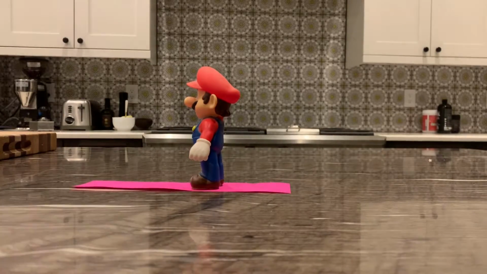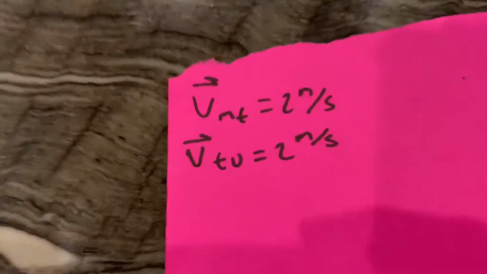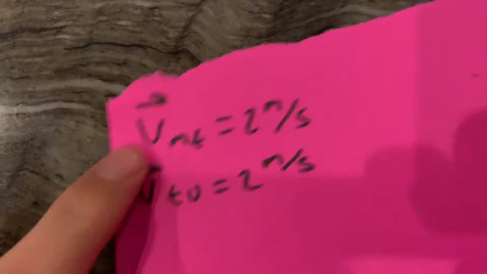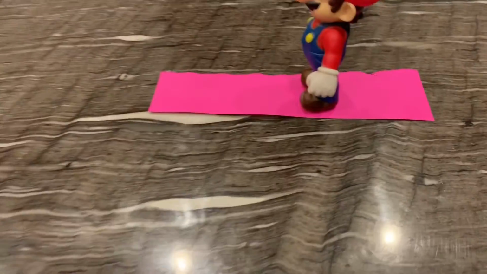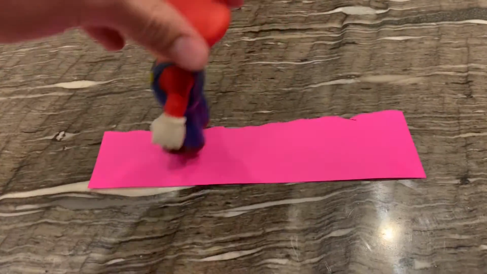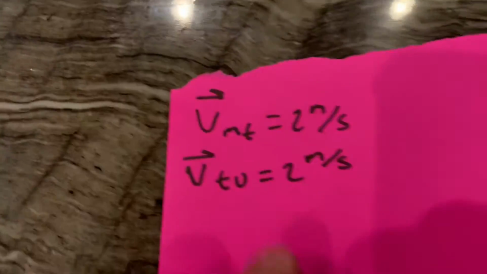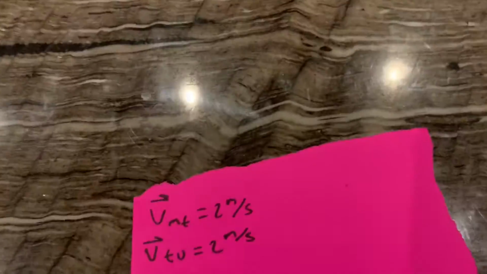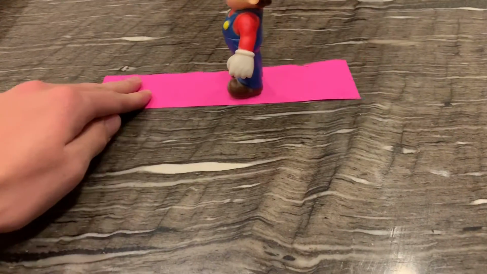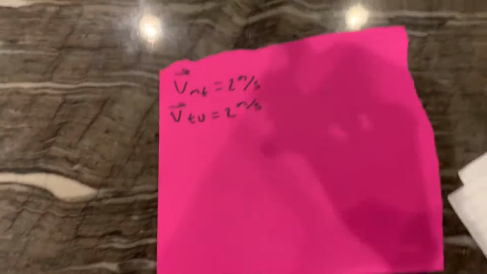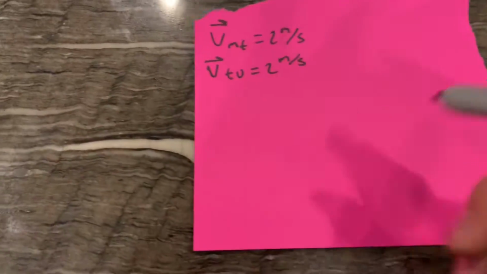So let's look at that on paper and try and make more sense of it. This is what we got. The velocity vector of Mario to the treadmill is equal to 2 meters a second, because we know Mario is moving 2 meters a second on the treadmill. Now the velocity of the treadmill to us is 2 meters a second, because we're 0 meters a second, and the treadmill is moving 2 meters a second. So if we want to find the velocity of Mario with respect to us, it's as easy as vector addition.